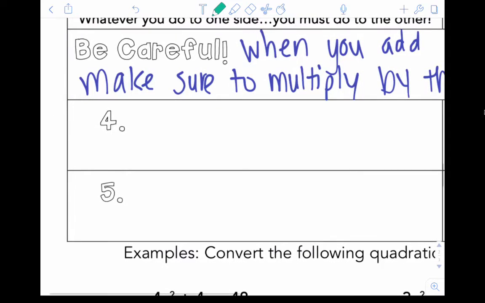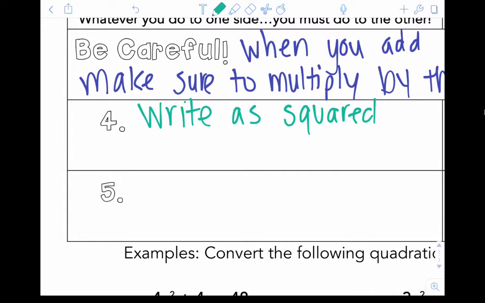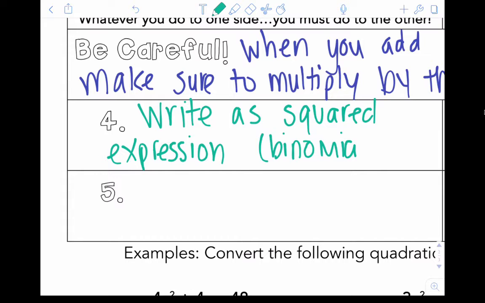We are now going through those same steps as before again. So step 4, we're going to once again write this as a squared expression. We're going to get that binomial again. And this is putting it into that vertex form.